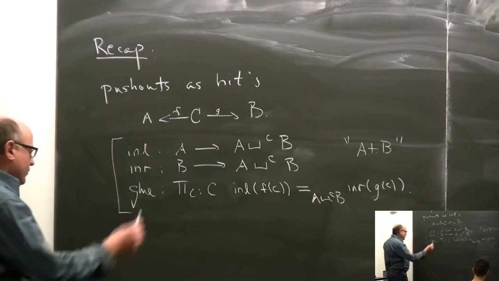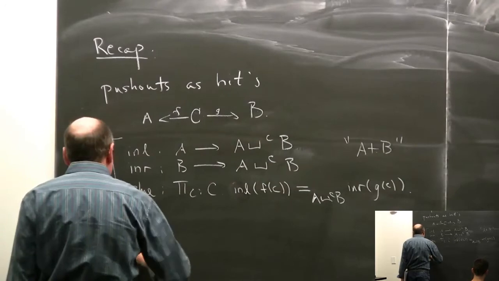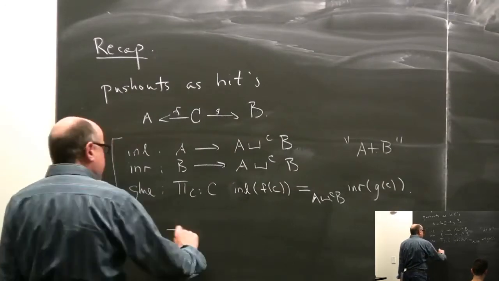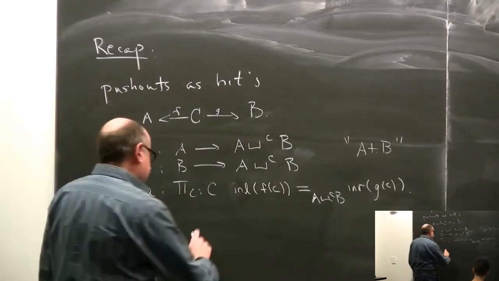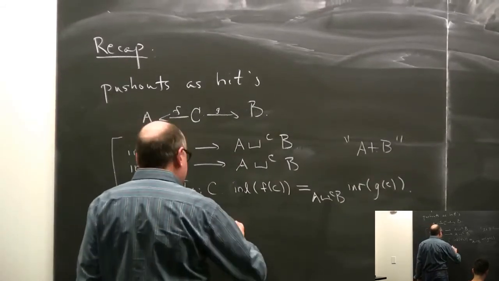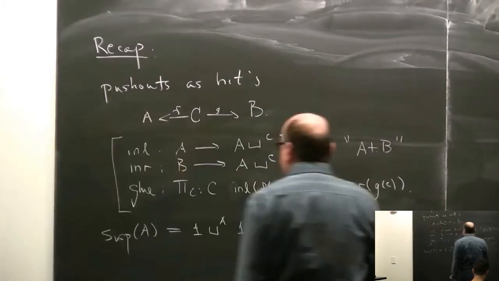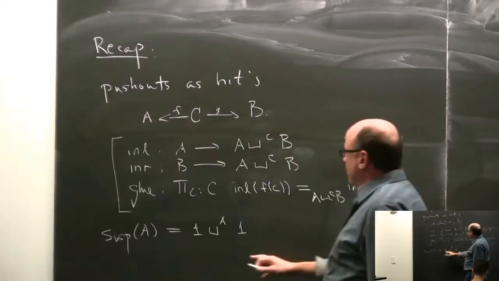We pointed out that we can observe that what I call the suspension of A, and this notation is kind of okay here, because what it really means is the pushout of the unique maps from A to 1 and A to 1.